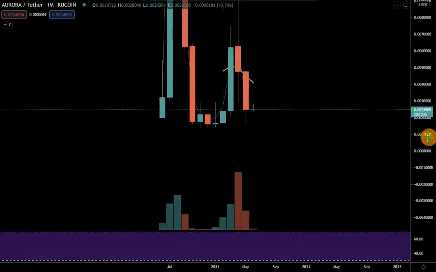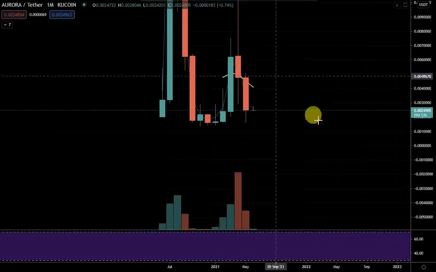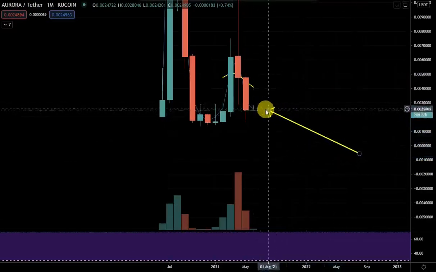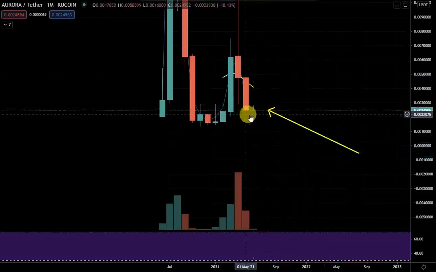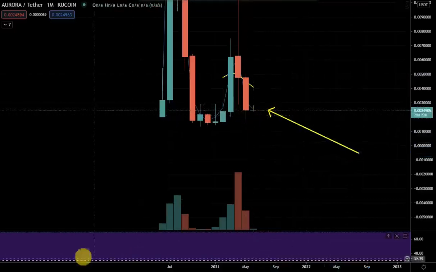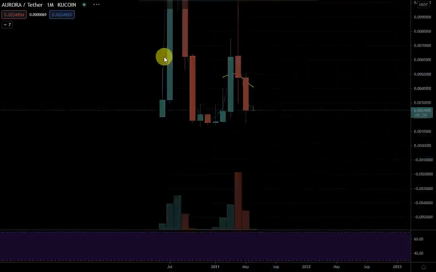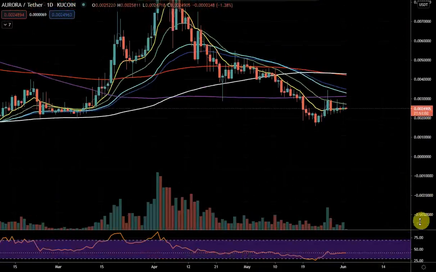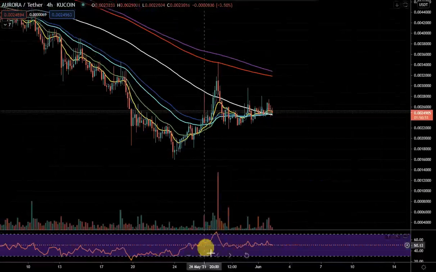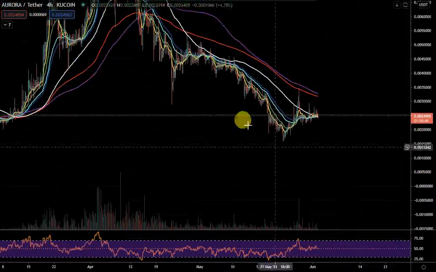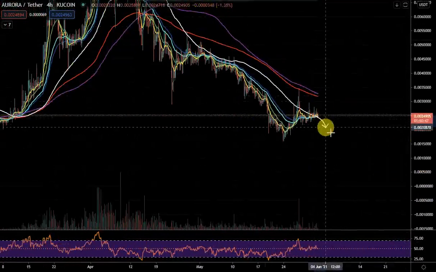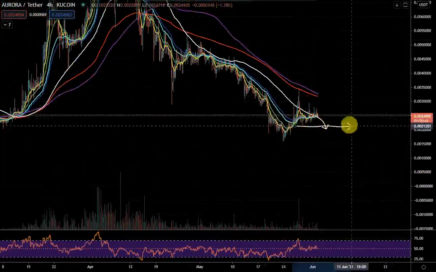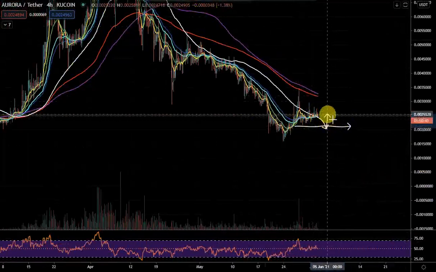Now, if we flip out to the monthly, you can see that we've had a little spike up, and price at this point looks like it wants to come down and take liquidity into this wick. That fits with my original thesis that we will probably want to drop down out of this 4-hour apex, at least drop down for that spike, which will take liquidity out of that wick.